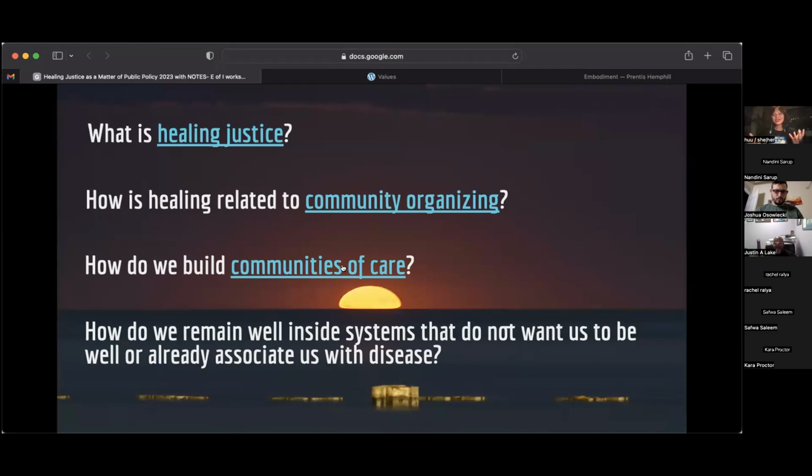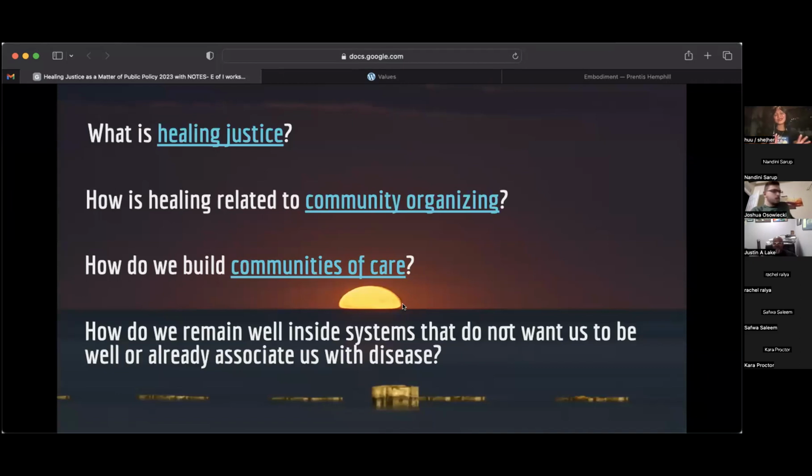These are terms that have become very popular in the movement in the last 5-6 years, and even in corporations and higher ed institutions, this idea of self-care and community care. I'm just going to leave it at that for a moment.